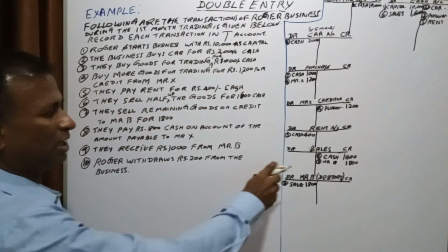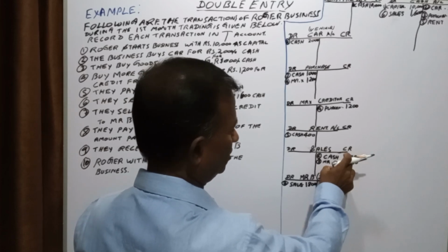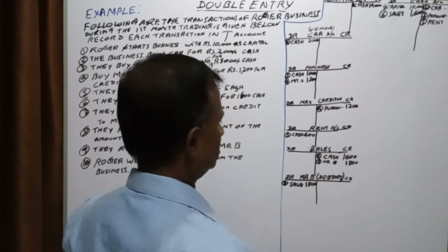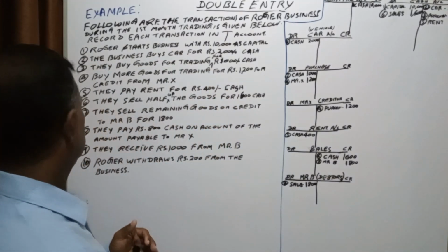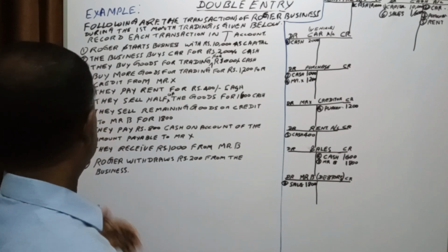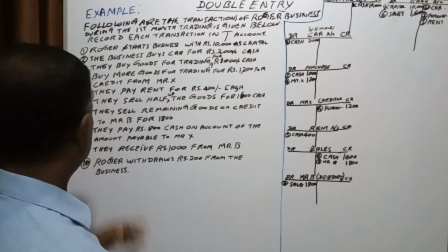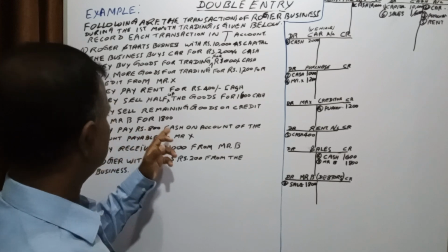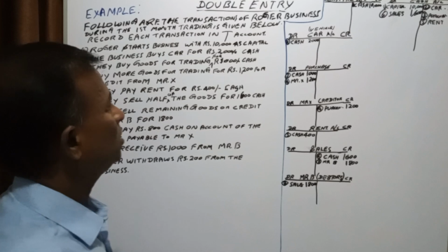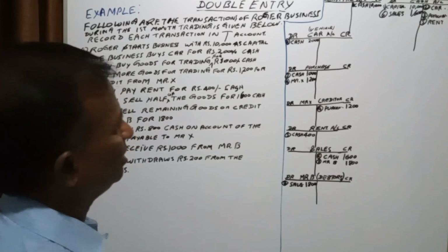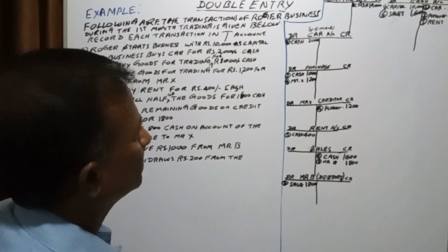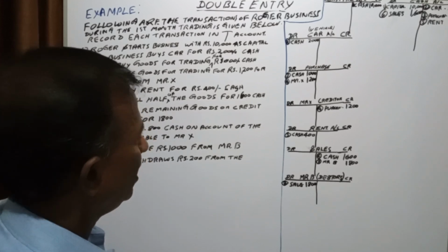You can say debtors, but I don't have enough space here to write debtors, so I have mentioned only Mr. B. So this is this, and the next adjustment is they pay rupees 800 cash on account of the amount payable to Mr. X. Who is Mr. X? Who is Mr. X?